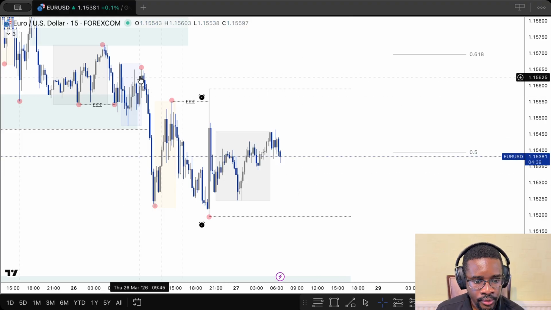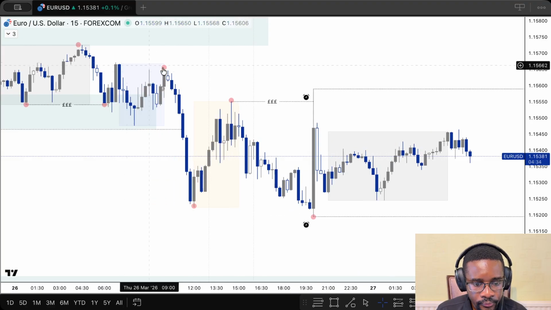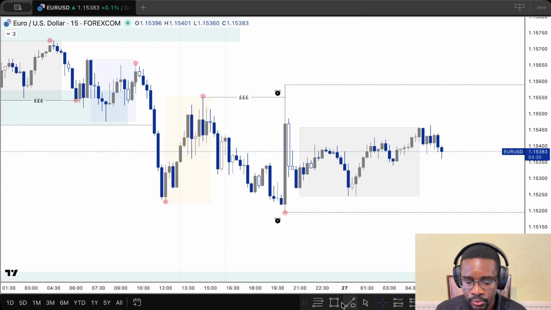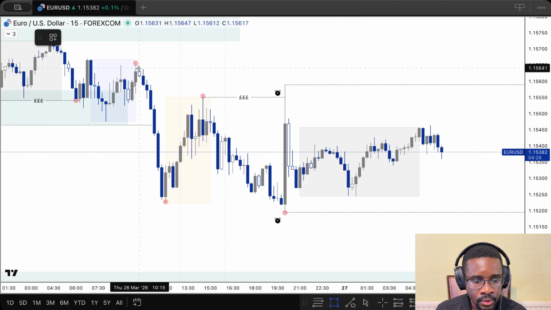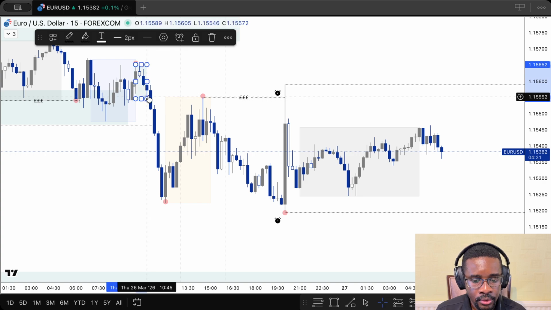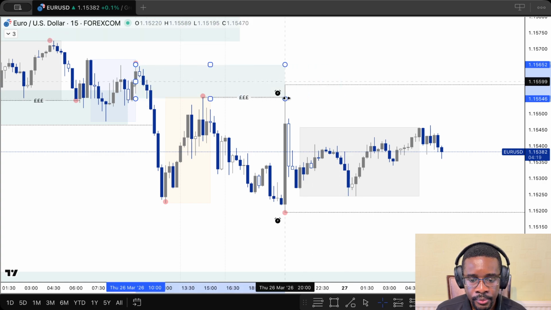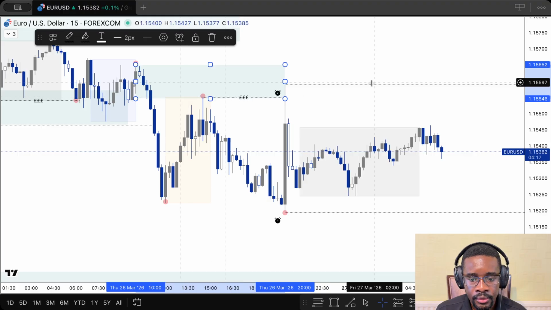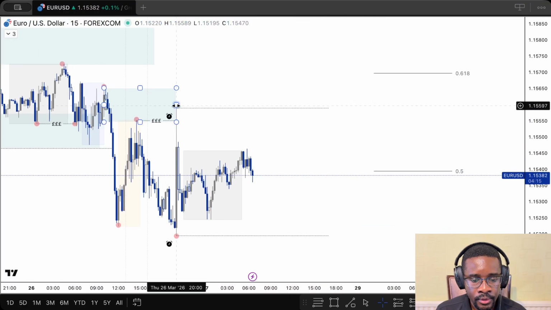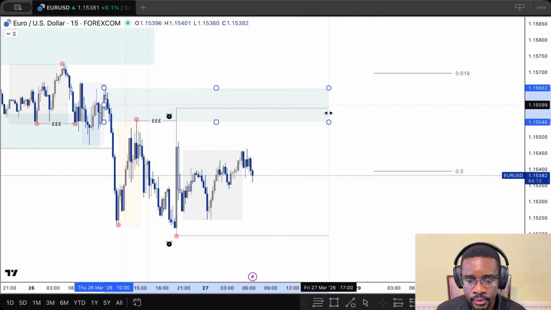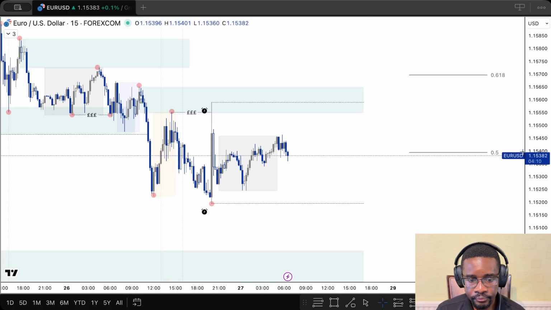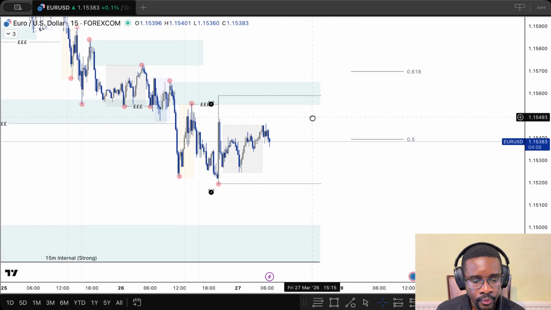And then let's see, so we do have, let's see. Alright, so I could say we have this area. I'm just gonna make it like that. So that's already been mitigated. So that supply has already been mitigated. Okay.